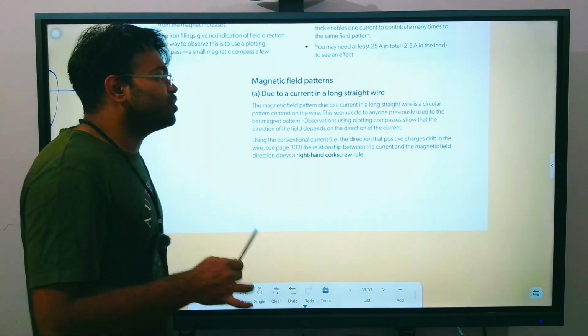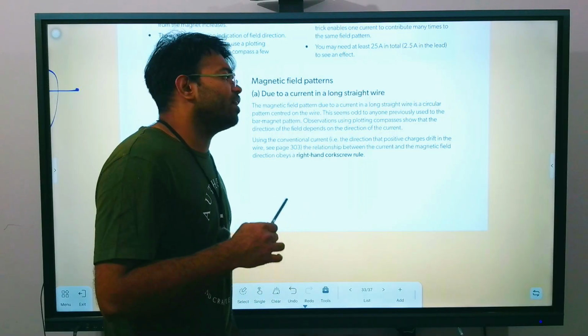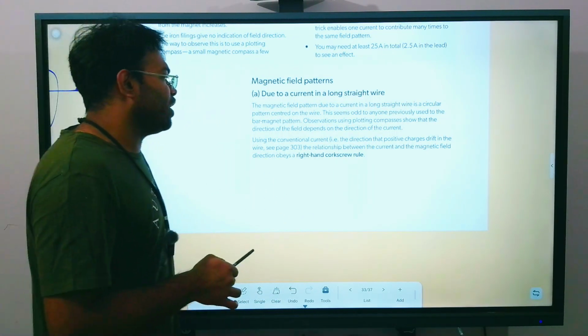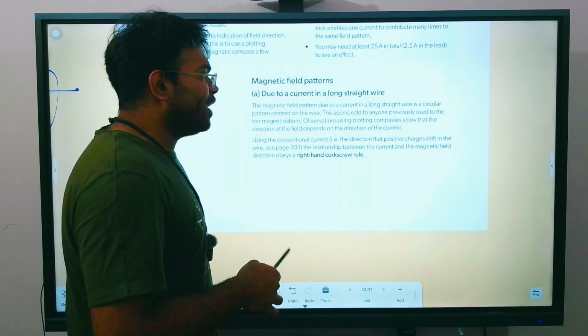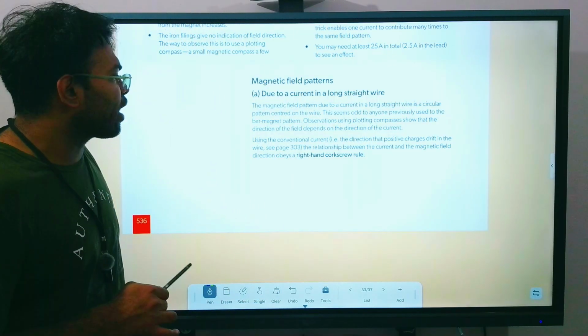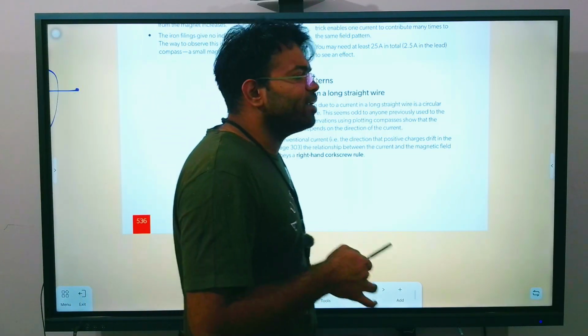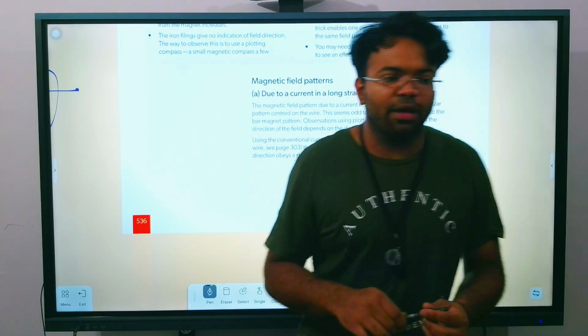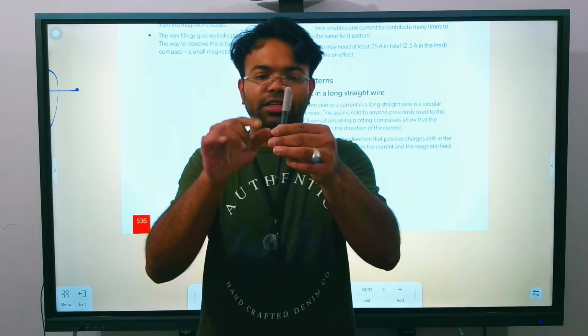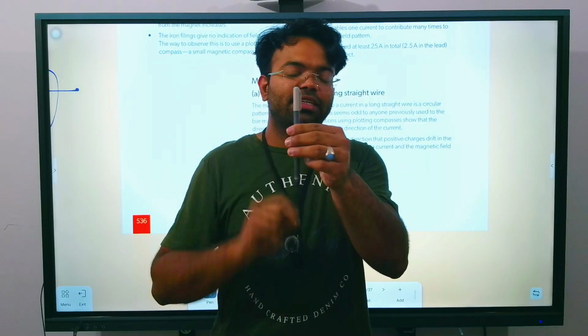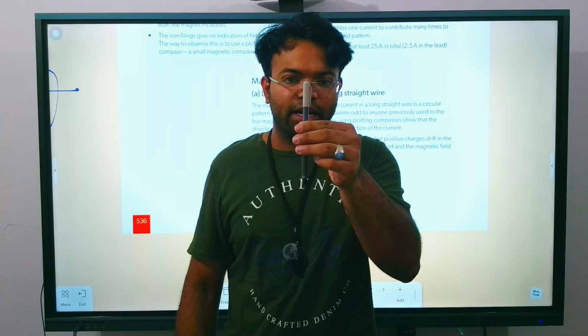According to the conventional current, that is the direction that positive charge drifts in the wire, see page 303, the relationship between the current and the magnetic field obeys the right hand corkscrew rule. For example, let us imagine that this cap is the direction of the current.